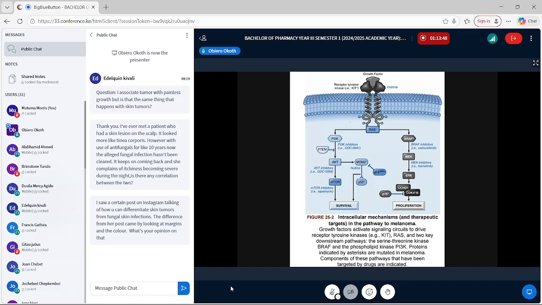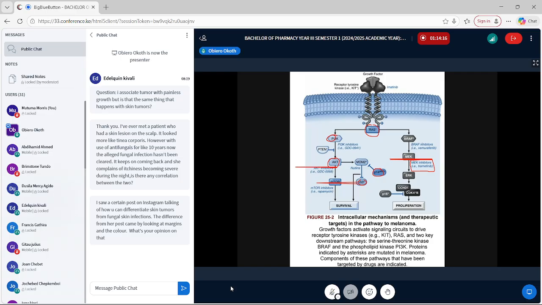There are so many possible mutations. You can have a RAS mutation, a PI3K mutation, an AKT mutation. The ones that are listed here have drugs that can target these particular pathways, like BRAF inhibitors. So you do BRAF immunohistochemistry in the melanoma.